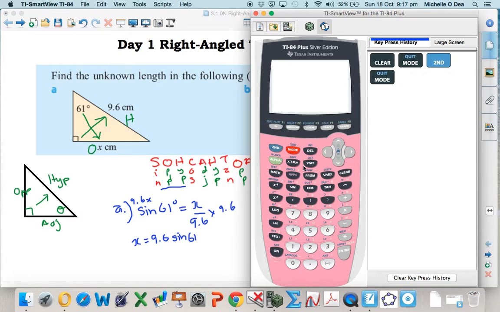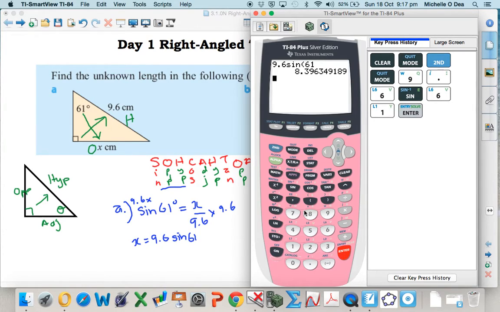And then if I just get out of that, I can type it in exactly as I've written: 9.6, I don't even have to put the multiplication in, sine 61, enter. I always should round to 3 significant figures, so remember that means we start from the first non-zero digit from the left, so I start at the 8 and just count 3, 1, 2, 3, but then that 0.39 will get rounded up to 0.40 because the 6 is bigger than 5.